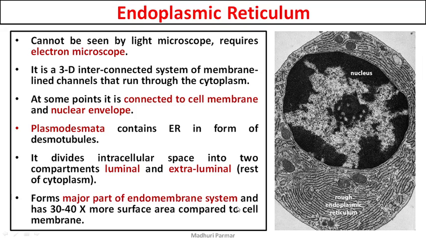It forms a major part of the endomembrane system and has 30 to 40 times more surface area compared to the cell membrane. If you consider a normal cell and find the periphery, you will find that compared to that area of the cell membrane, the inner area made by the endoplasmic reticulum is much higher.